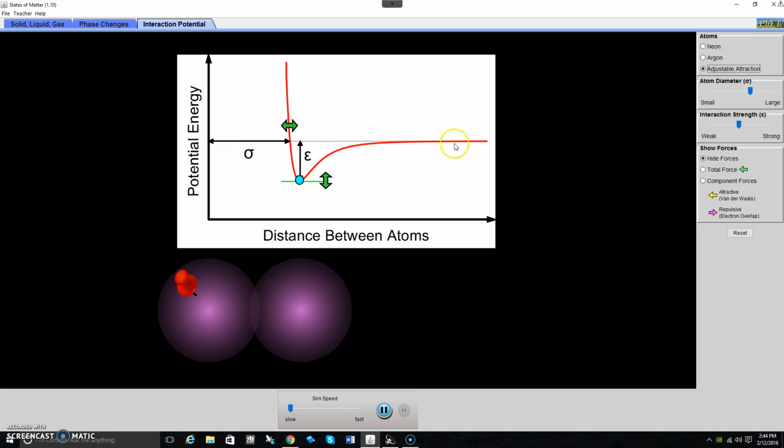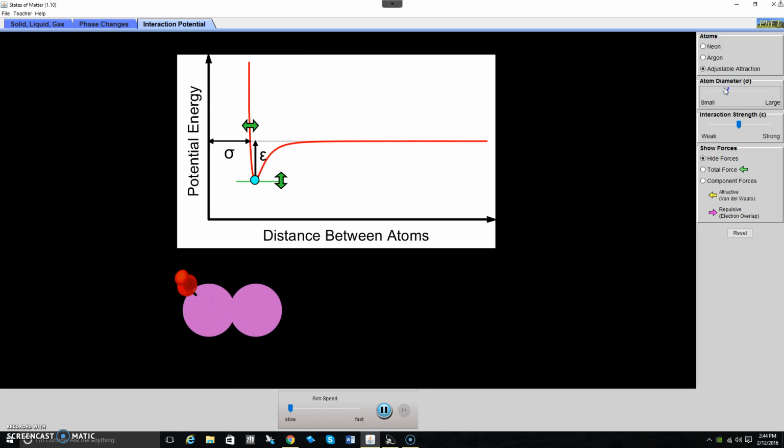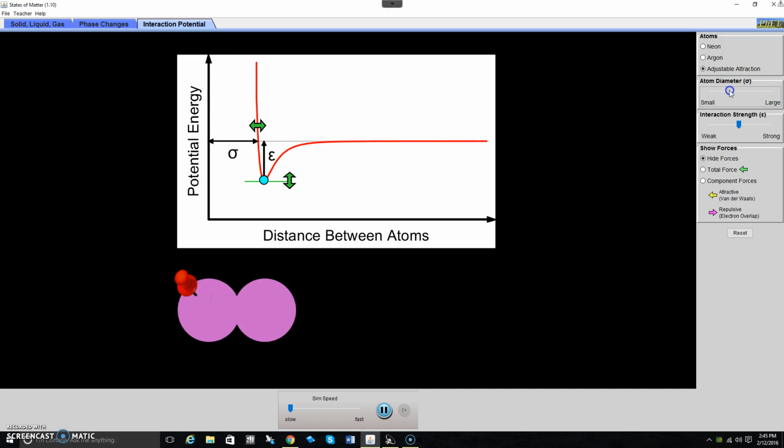And what we can also do is adjust atom diameter. What we see when we adjust atom diameter is that this largely just affects the distance of where the minimum of the potential energy is, not the actual minimum of the potential energy.